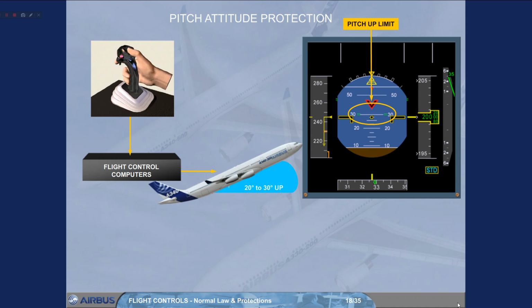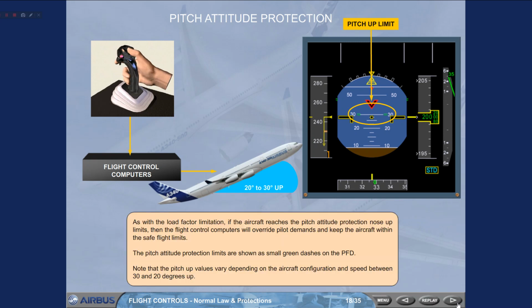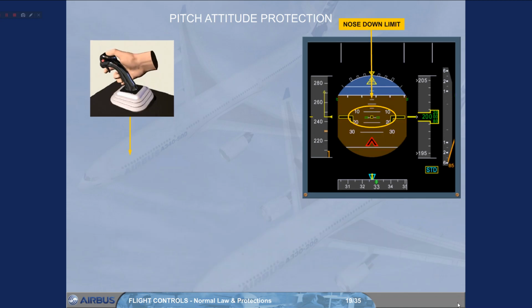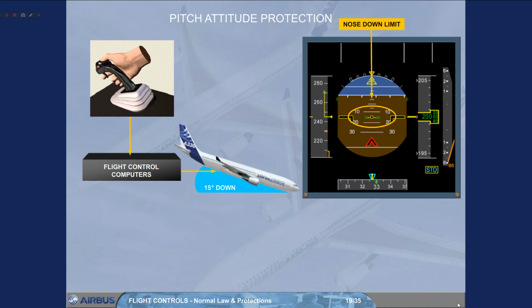Note that the pitch up values vary depending on the aircraft configuration and speed, between 30 and 20 degrees up. The nose down limit is at 15 degrees.